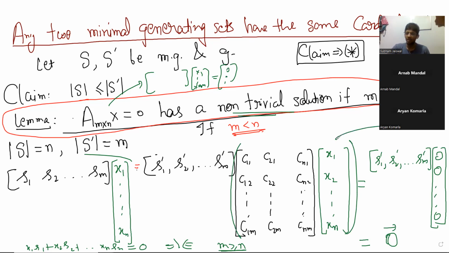And how do we read this? We read this as taking linear combinations, because S1 prime itself is a vector. This notation means that you take 0 times S1 prime, 0 times S2 prime, and so on, and you add them.